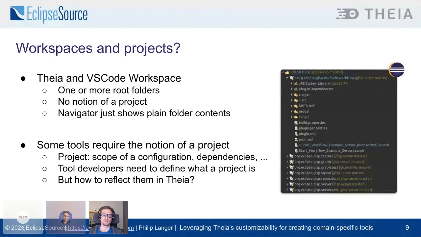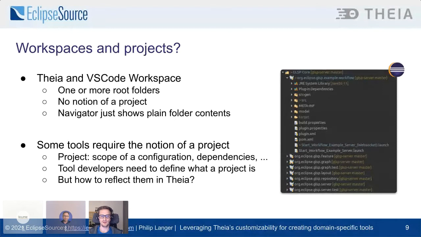So essentially, the file explorer would just show the plain contents of these one or more root folders. There is no notion of a project itself. However, some tools certainly require the notion of a project. There often the project is some sort of scope of a configuration, a concept for resolving dependencies and stuff like that within a workspace and so on. So there are good reasons why some applications need the notion of a project.